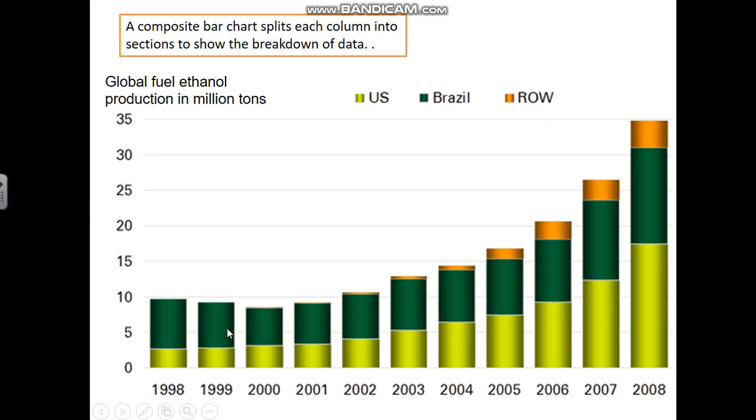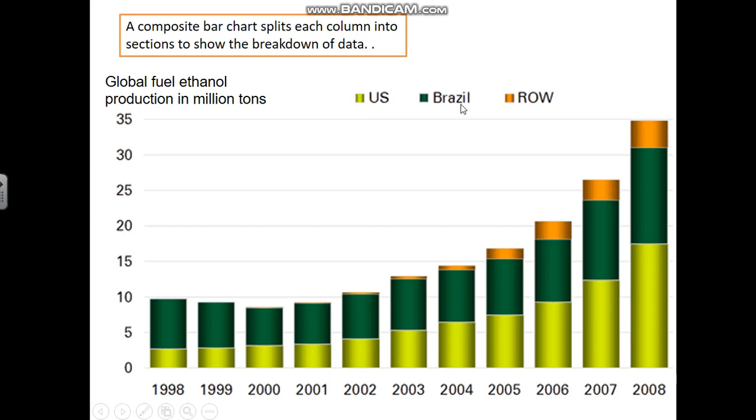We can see that the US is represented by that lime green yellowy colour, and so we can see as this bar chart moves on from 1998 to 2008 that amount has gone up, and it went up significantly in the 2000s here.